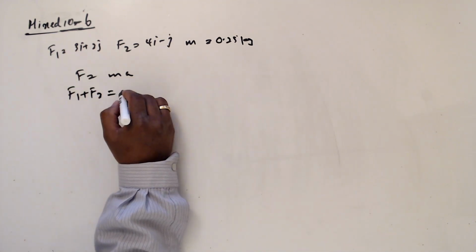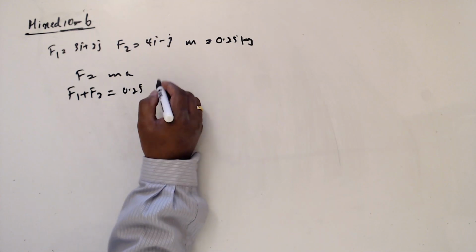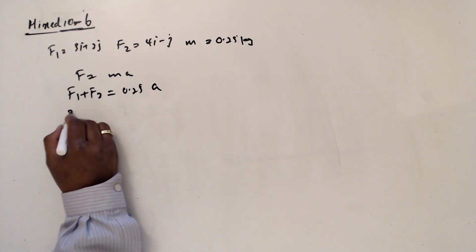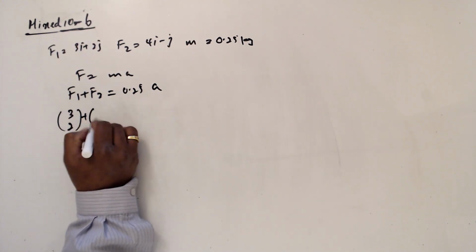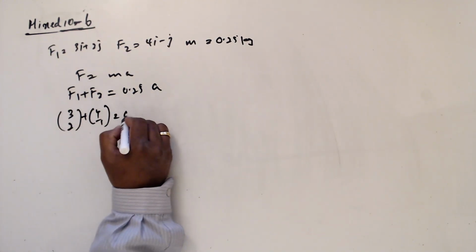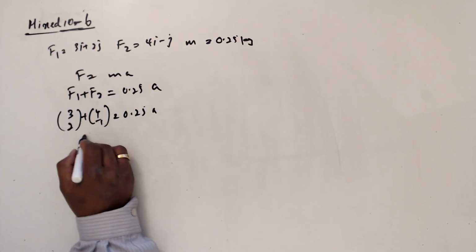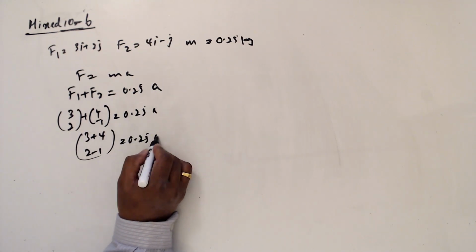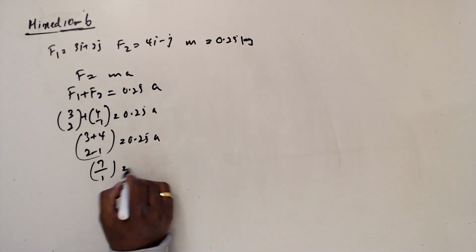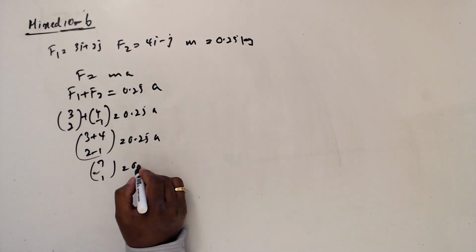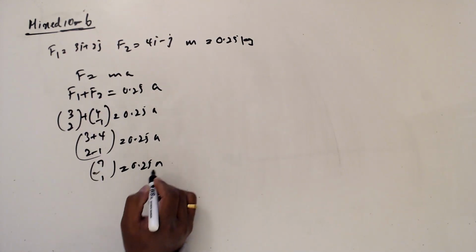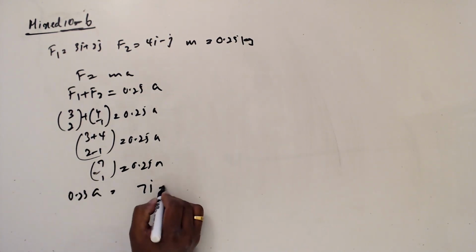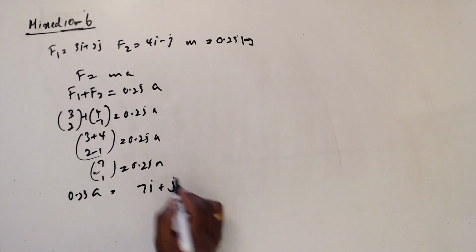So m is 0.25 times a. So F1 plus F2: 3 and 2, and 4 and minus 1, equals 0.25a. This is going to be 3 plus 4, 2 minus 1, equals 0.25a. This is 7 and 1, 0.25a. So 0.25a equals 7i plus j.